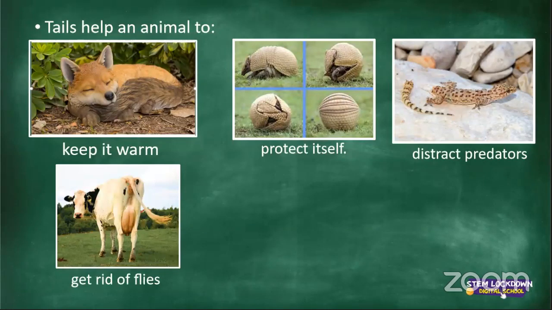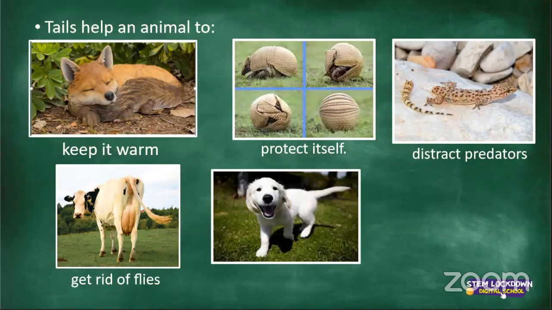Right, another function of a tail is that it gets rid of flies. Yes, the real name for the Nemo fish is a clownfish. Thank you for that comment, guys. It's a clownfish, and we call it Nemo because of the movie, right? That's the only reason why. Okay. And here's a dog.